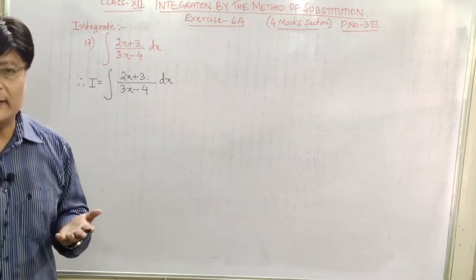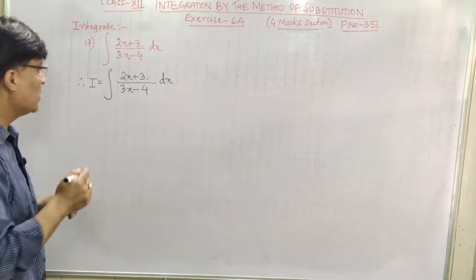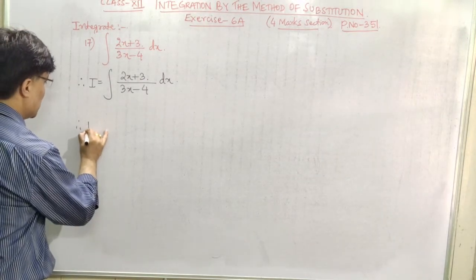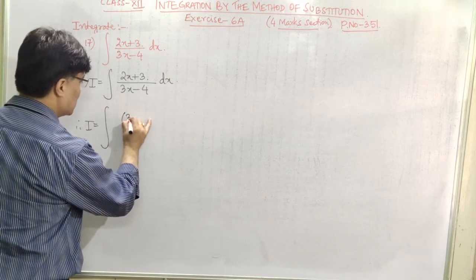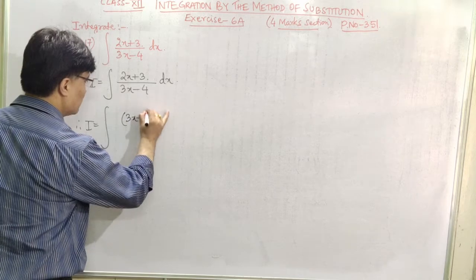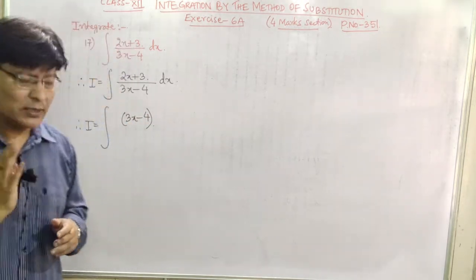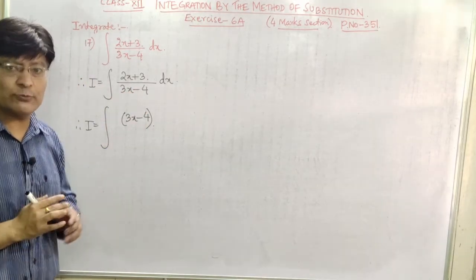Whatever is there in the denominator, you have to write it in the numerator. Okay? Denominator ma je cha त्यही लेख्छ हामी numerator ma. That is, I is equal to integration of, let us write 3x minus 4 out here. Let us keep it within bracket.